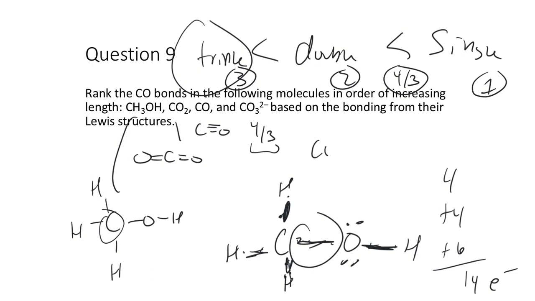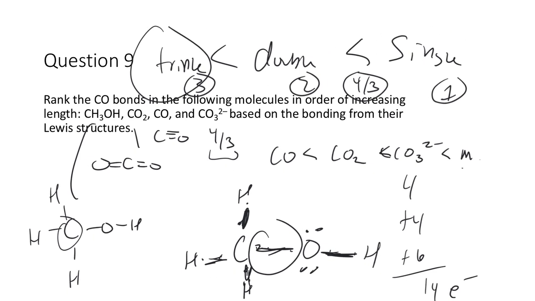So CO should be the shortest, followed by CO2, followed by the carbon-oxygen bond in carbonate, and then followed by the bond in methanol. Methanol has the longest bond because it's the single bond, the one that only shares 2 electrons. We get a little bit more electron pairs in carbonate, even more in carbon dioxide, and even more in carbon monoxide.